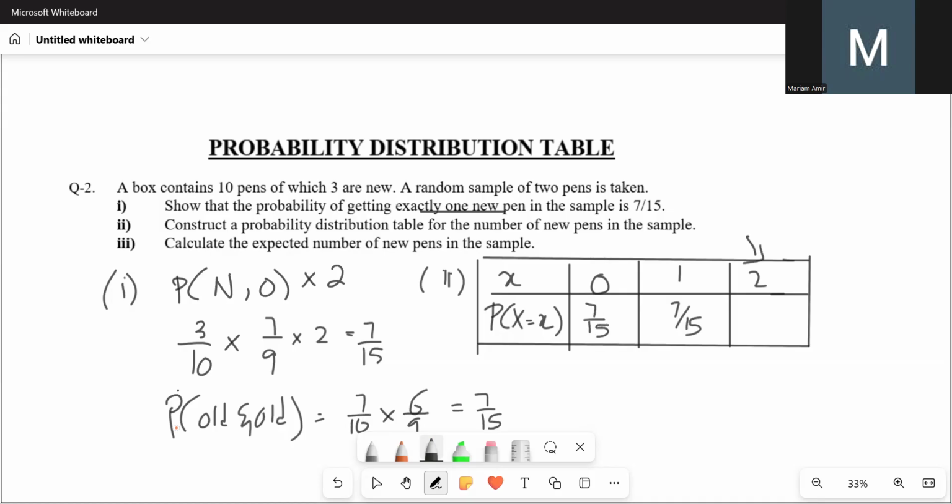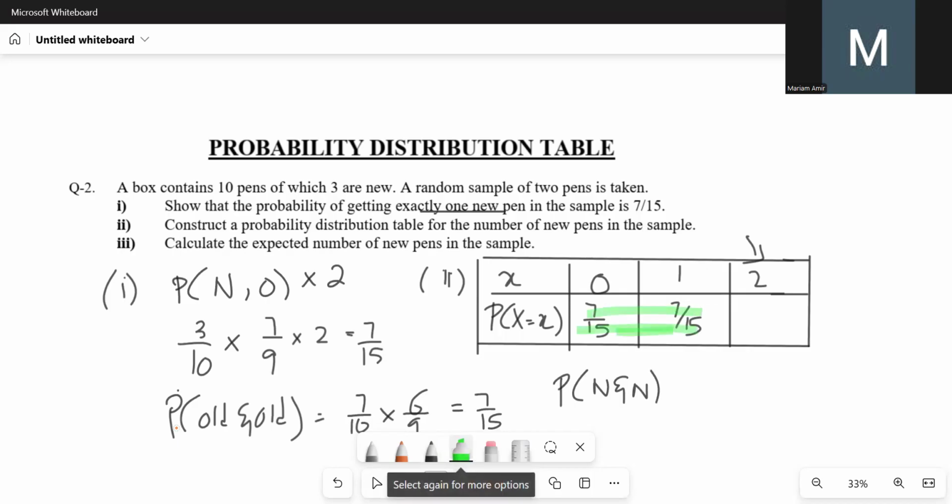Now to find the probability that both the pens are new and new, you have 2 options. A better option would be to just add these 2 and then subtract the answer from 1. Or you could find the probability of 1 new pen, which would be 3 by 10, and the second new pen, which would be 2 by 9.